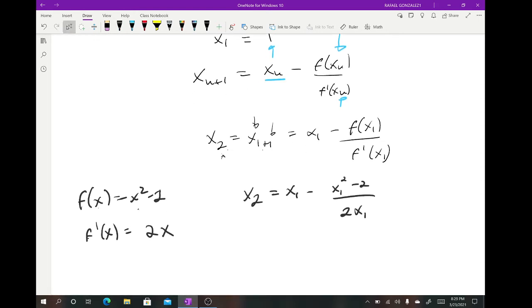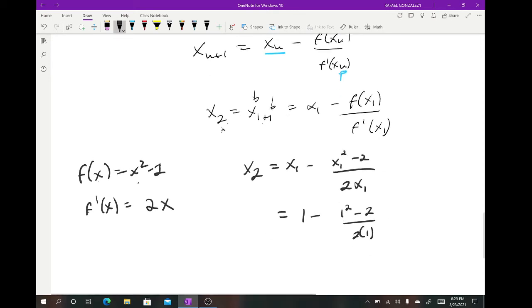Well, what is x1? x1 is just 1, so it's going to be 1 minus 1 squared minus 2 divided by 2 times 1. This is equal to 1 minus, 1 squared is 1, 1 minus 2 is minus 1, divided by 2.